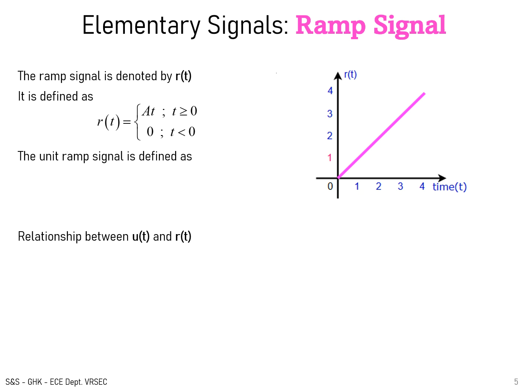Here in this equation, a represents the slope of the line, and if a equal to 1, that means the slope of the line is 1, then the ramp signal is referred to as the unit ramp signal, and its functional representation is r of t equal to t for t greater than or equal to 0 and 0 for t less than 0. And here the relationship between the unit step signal and the ramp signal is expressed as r of t equal to t into u of t.